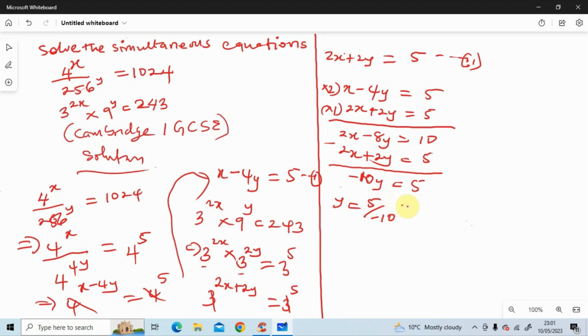5 cancels 1, and 5 cancels minus 2. So y becomes minus 1 over 2. Now I'm going to substitute for y using either equation 1 or equation 2.